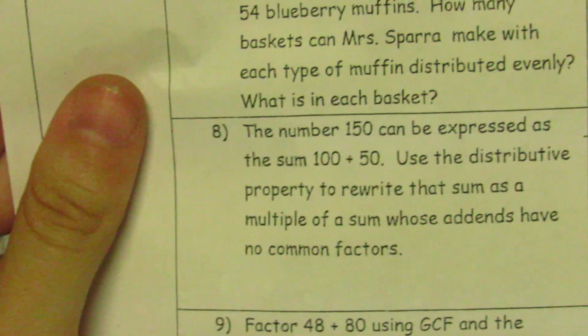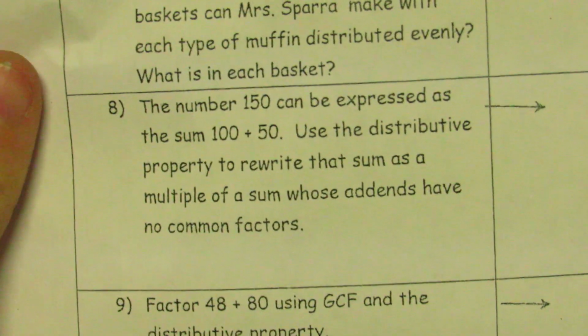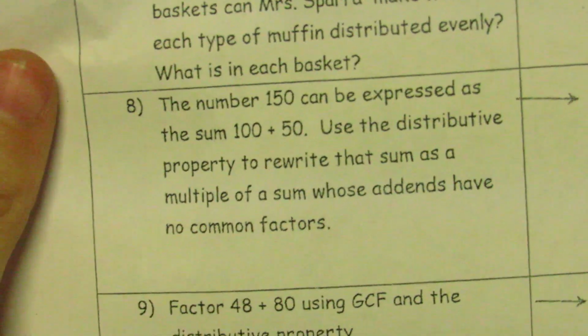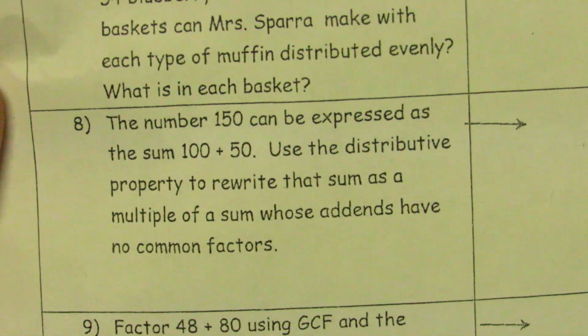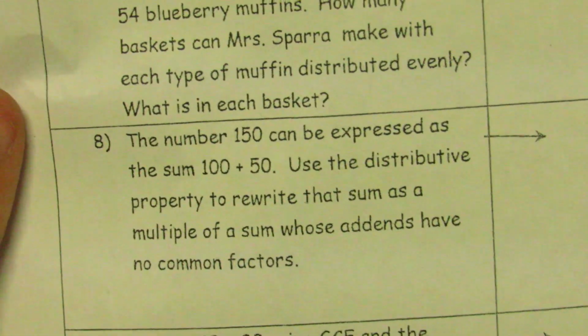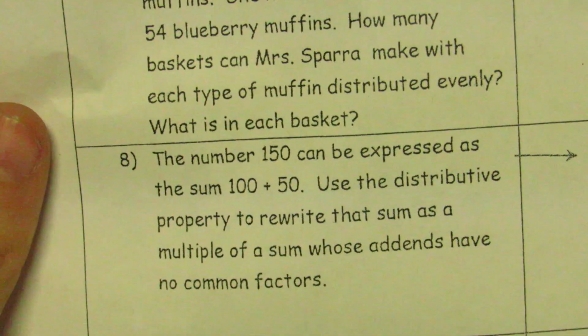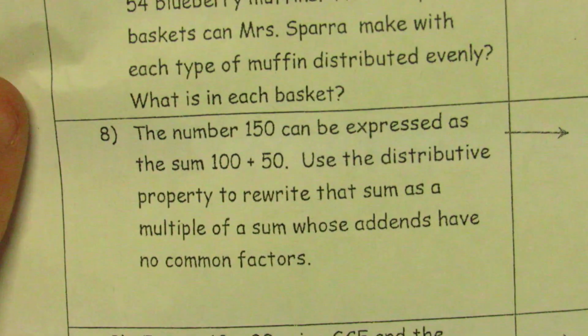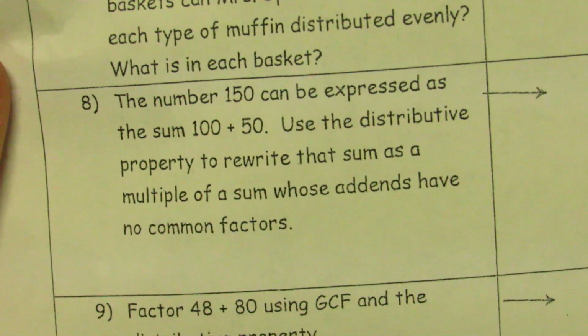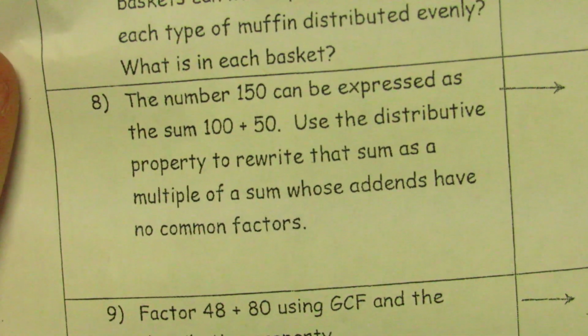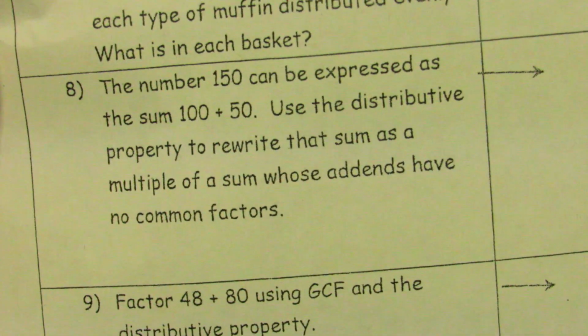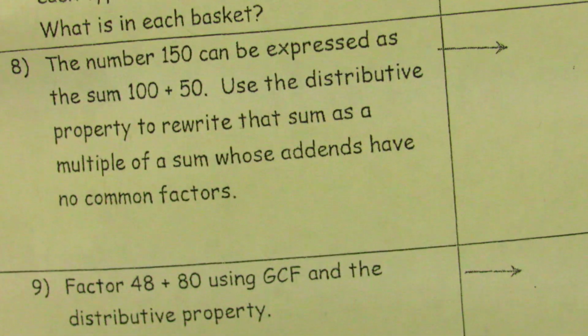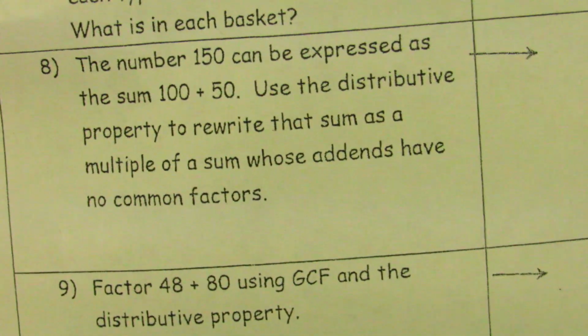Number 8 says the number 150 can be expressed as the sum of 150. Now, use the distributive property to rewrite that sum as a multiple of the sum whose addends, I'll show you what that means later, have no common factors.